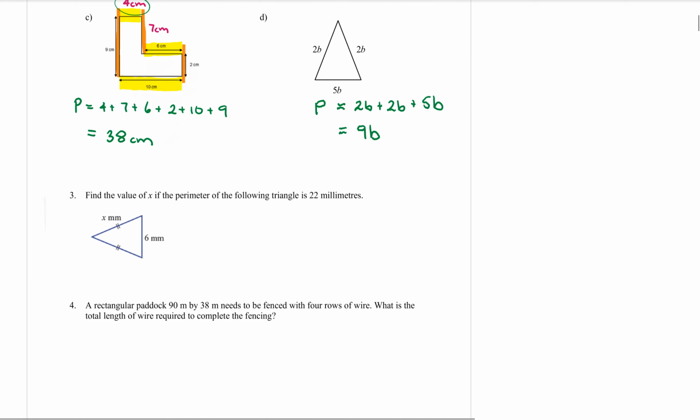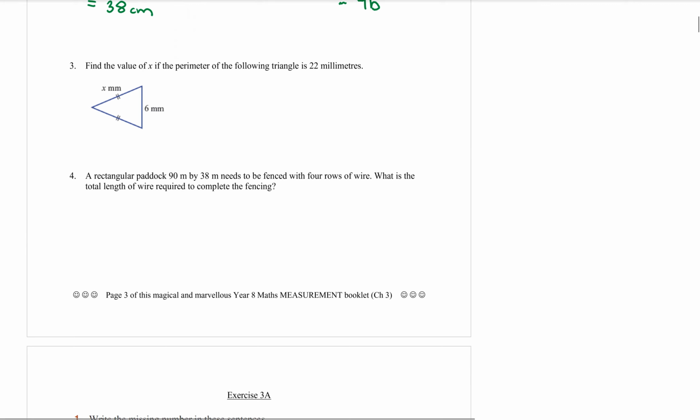Question 3. Find the value of x in this shape here if the perimeter of the following triangle is 22 millimeters. Now, to find the equation of the perimeter of this shape, the perimeter is equal to, now I've got these markings here on this triangle.